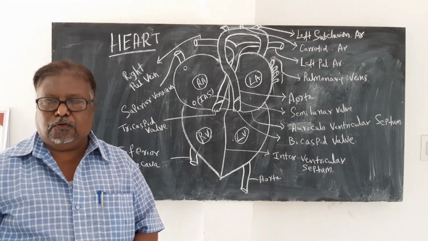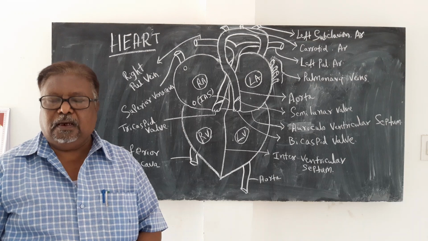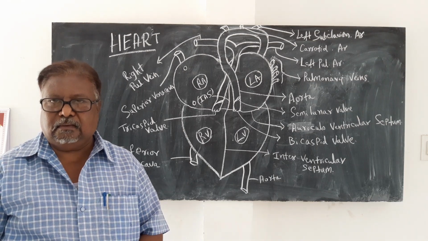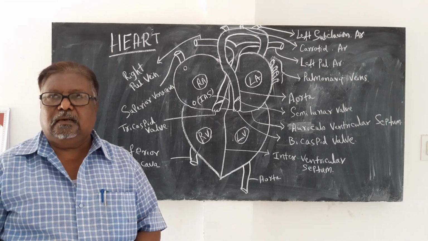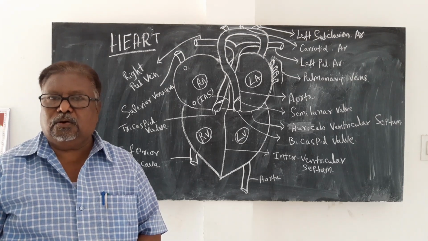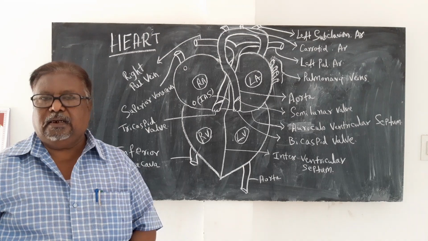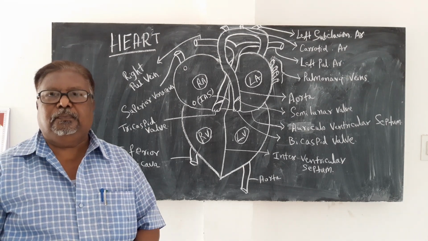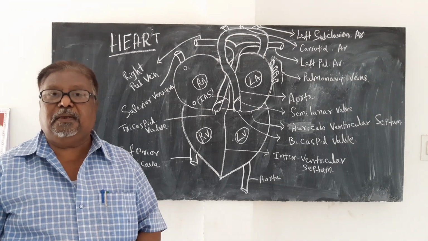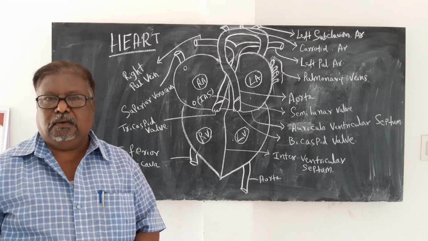So the blood should move from place to place. For that purpose it needs channels. They are called arteries and veins. And the blood should be pumped to different parts of the body, and it has to be taken back to the heart again. And for this purpose a pumping station is needed.